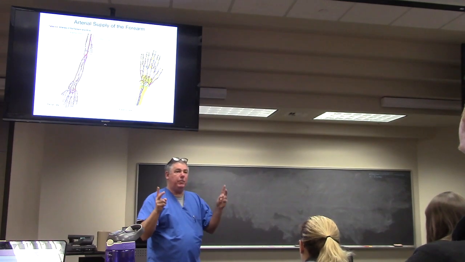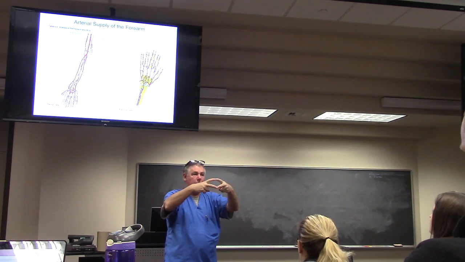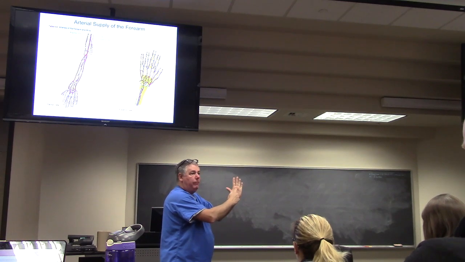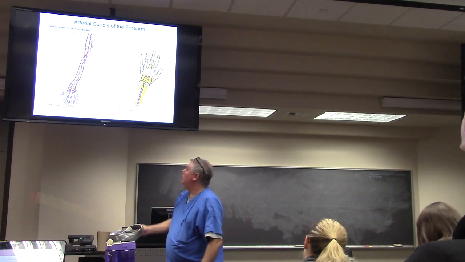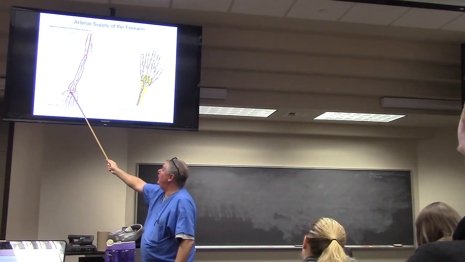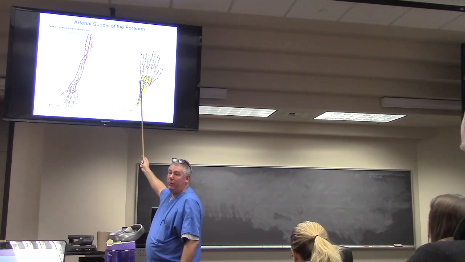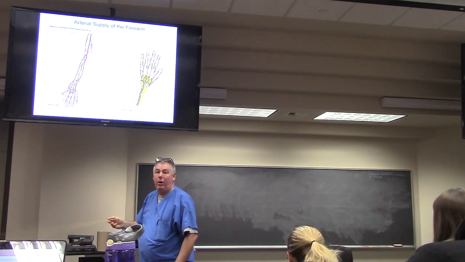These superficial and deep branches from both of these join in the palm right about here, in the mid-palm, as the palmar arches. So you have two arches here in the palm. You also have an arch on the dorsal side that you don't need to worry about. But you do need to see a palmar arch.